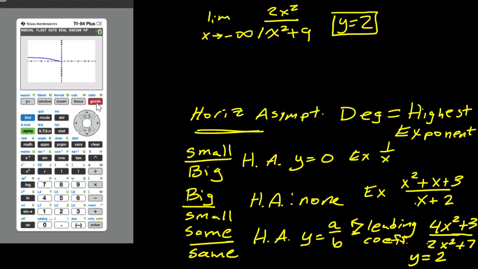We can look at the graph, and the graph is showing a horizontal asymptote on the left side and the right side. It looks like it's going to be 2, but just to make sure, we can check the table.